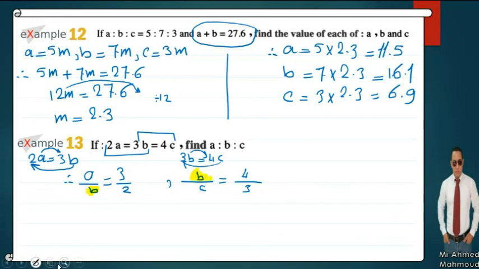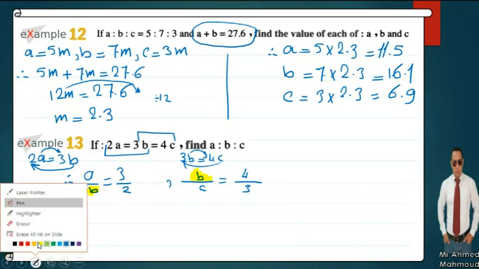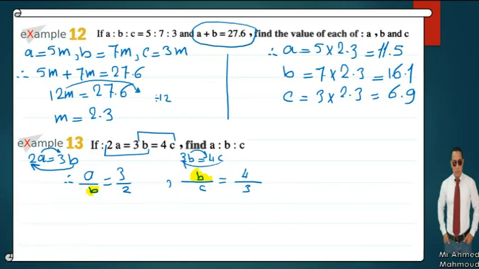I need to make b the same. b here equals 4 and b here equals 2. To make them equal, this 2 needs to be multiplied by 2, because 2 times 2 equals 4. So I will multiply up and down by 2.